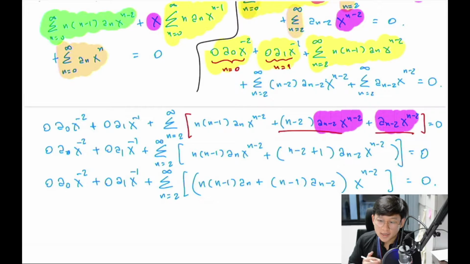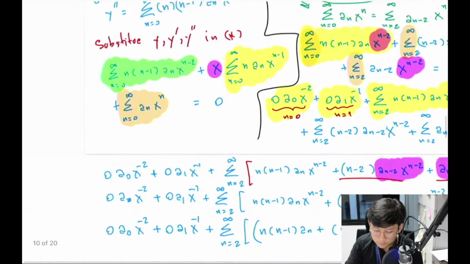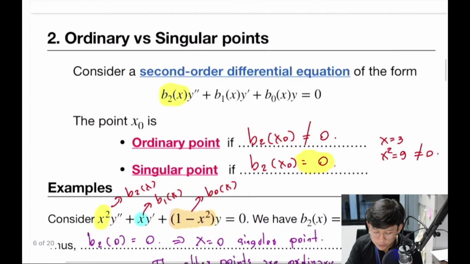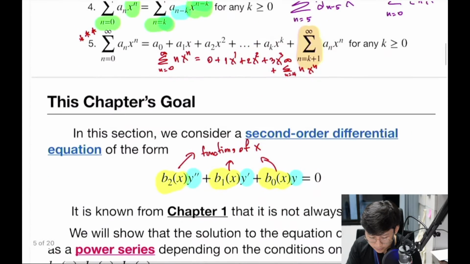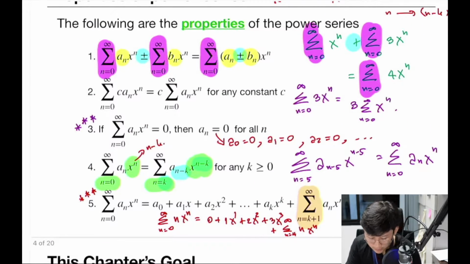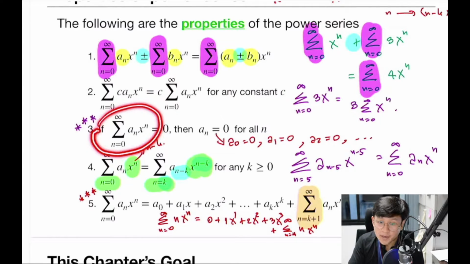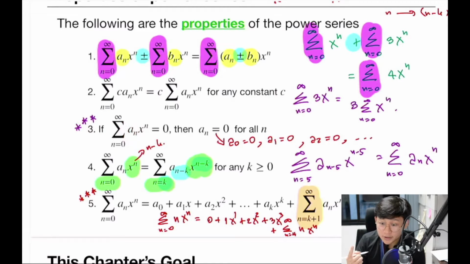And from this property, we know that if summation a_n x^n equals 0, then all the coefficients need to be 0. If you have the sum equals 0, all the coefficients need to be 0, a_n needs to be 0 for all n.